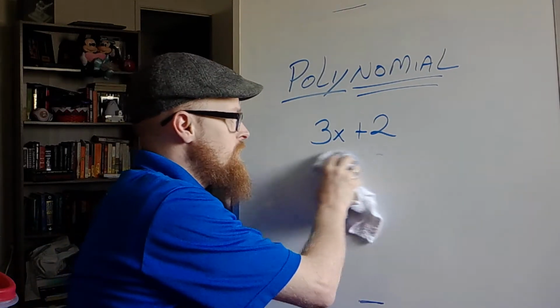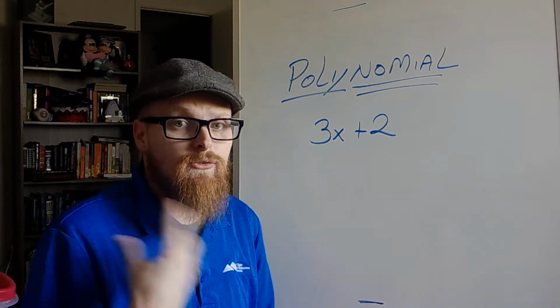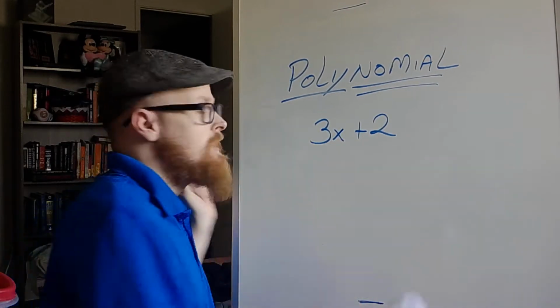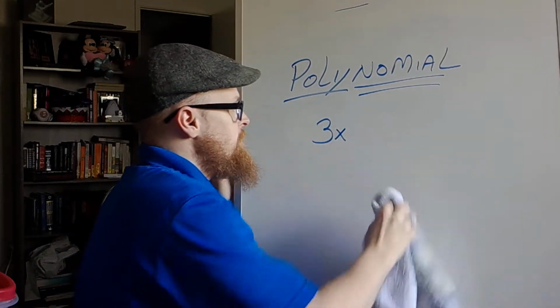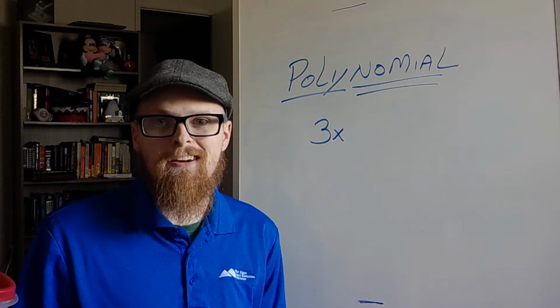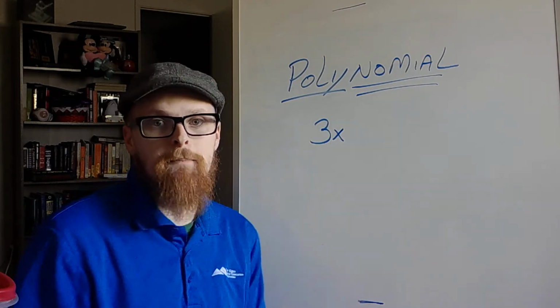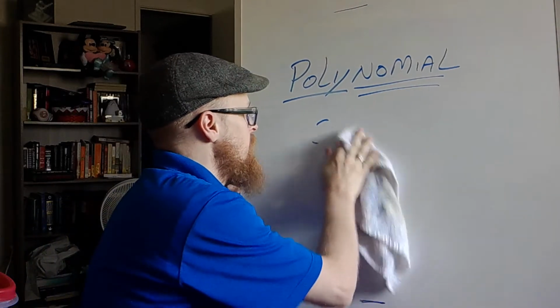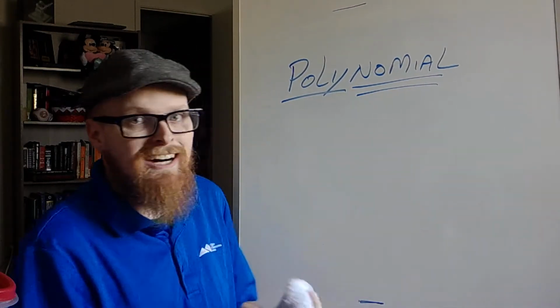And there's different types. There's monomial, which is just one, right? This has two, 1, 2, which is binomial. If I had just my 3x, that would be a monomial, right? Mono meaning one, nomial meaning number, one number, okay? Those are two words you will run into all the time, okay?